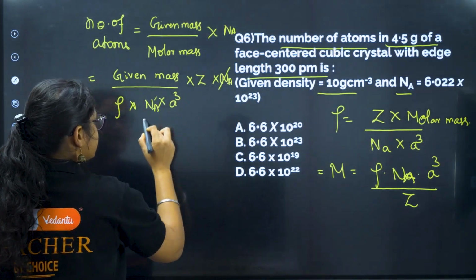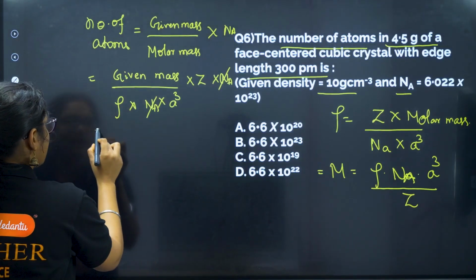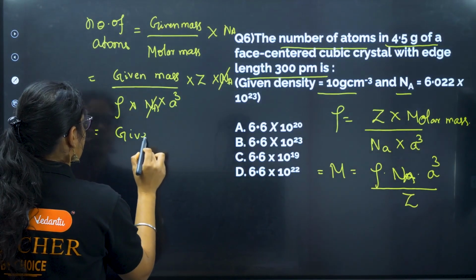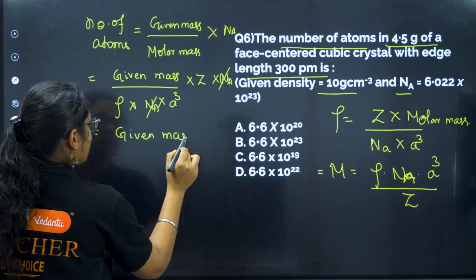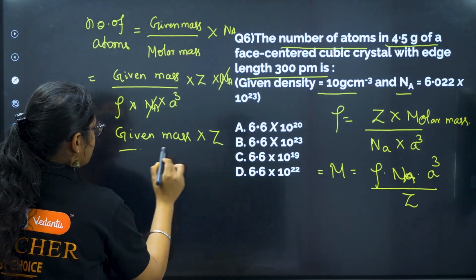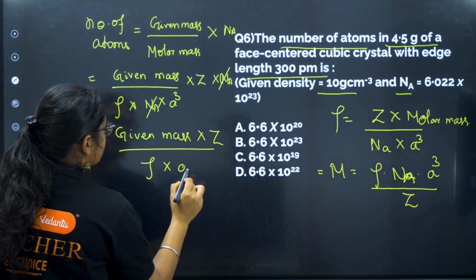Now this Na will get cancelled. So we have given mass into Z divided by rho into A cube.